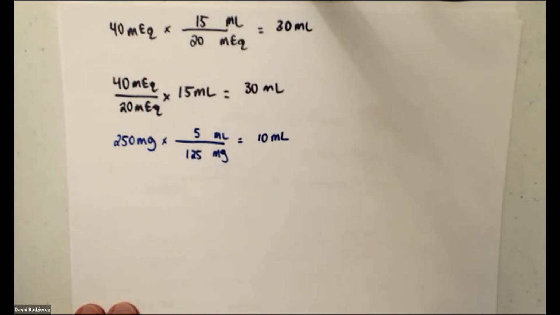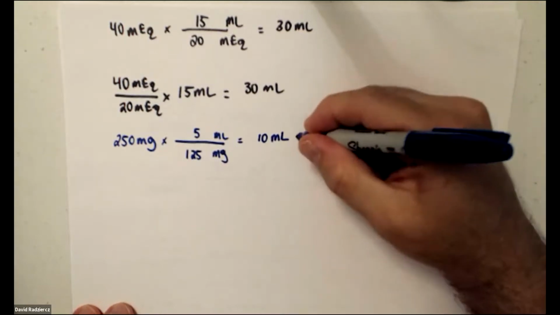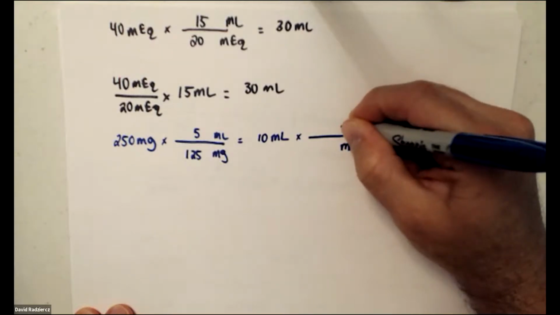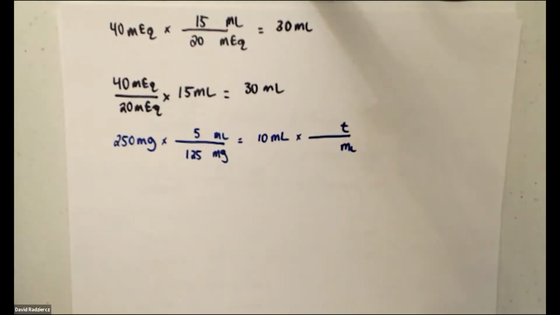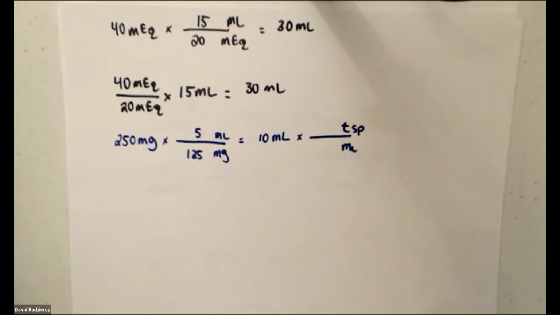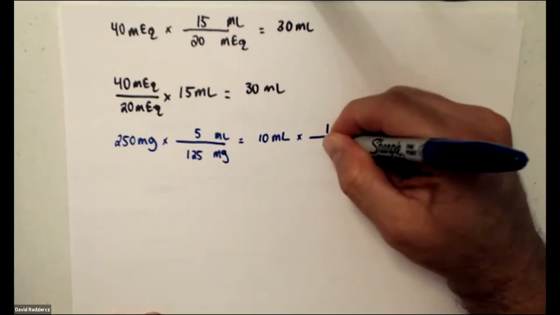Now, I need to do one more conversion to be done with this. I need to convert milliliters to teaspoons. Okay, so sometimes teaspoons is just abbreviated a little t, but I'll also just go ahead and write teaspoon so we don't get hung up there. 1 teaspoon is 5 milliliters.